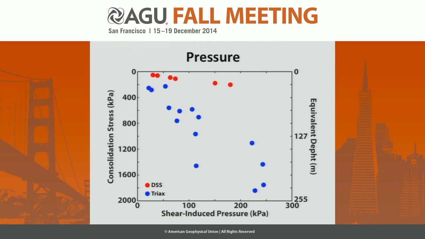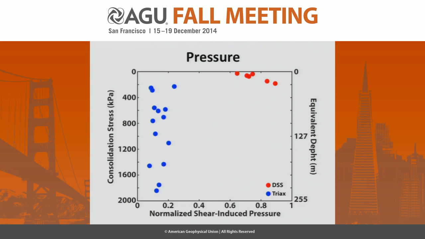We can normalize this to think about how things are evolving relative to their depth. And we see that the pore pressures generated during shear in the DSS experiments actually increase from a value of about 0.6 up to a value of about 0.85 or 0.9 with burial depth.